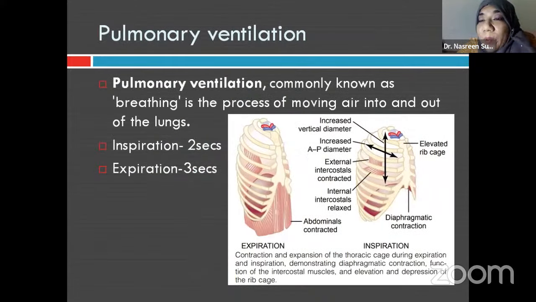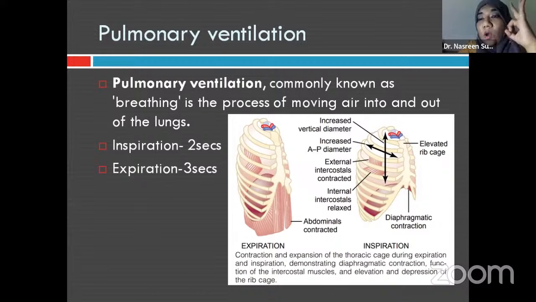Next, you have pulmonary ventilation. Whatever the normal breathing process is, that is called pulmonary ventilation. No need to get confused.